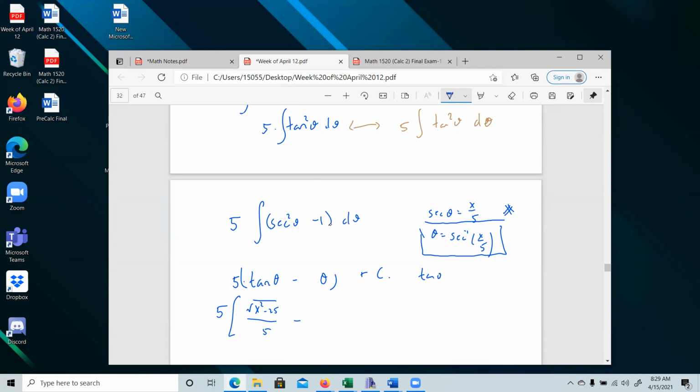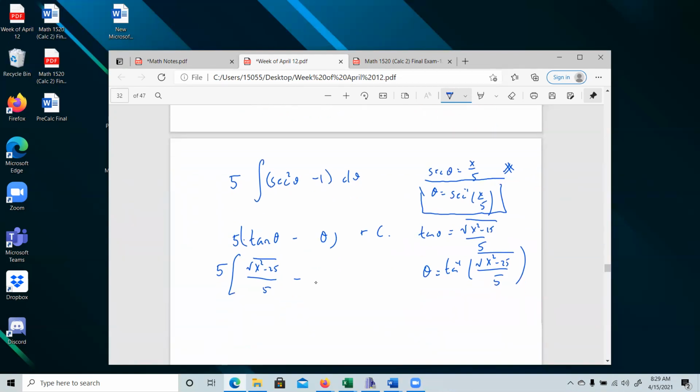Tangent of theta, though, see how we have a tangent here? Tangent of theta was equal to the square root of x squared minus 25 over 5. It stands that theta is equal to the inverse tangent of the square root of x squared minus 25 all over 5. Okay, let's use that one.